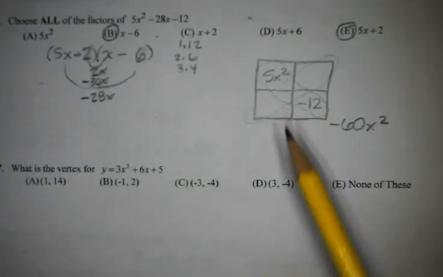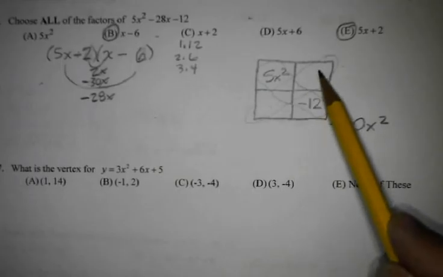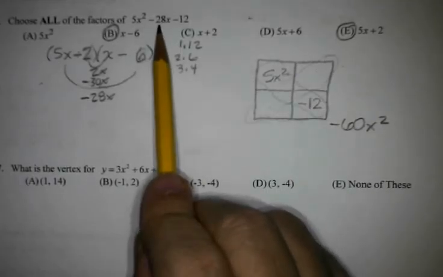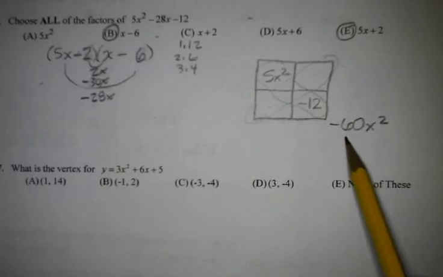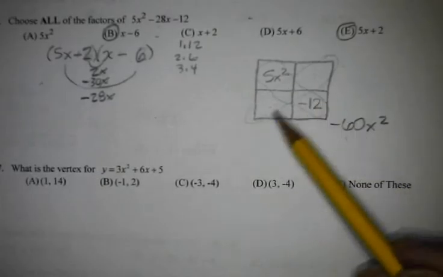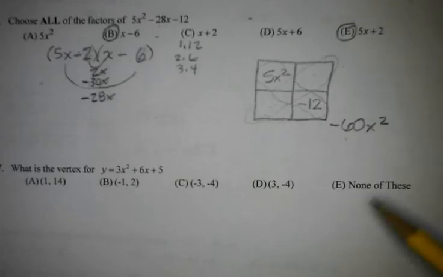So now, when I add the two together, I need two numbers that add to give me negative 28, but multiply to give me negative 60. I'm going to ignore the x's right now because I know each one's going to have an x. That just makes it a little confusing.